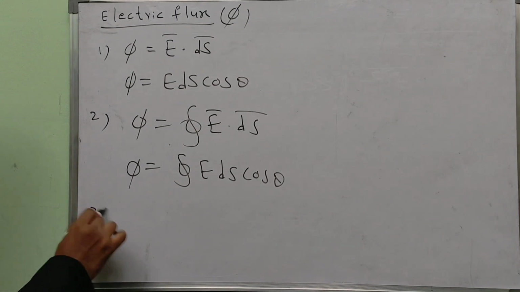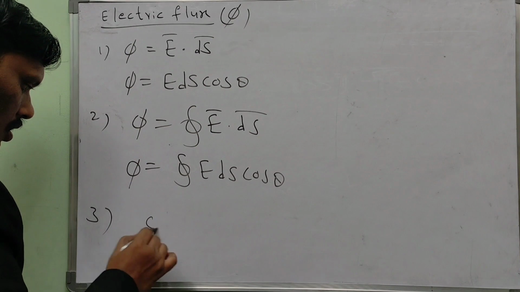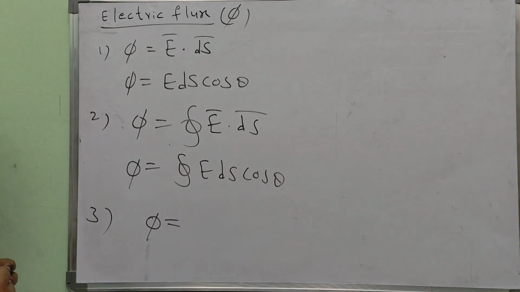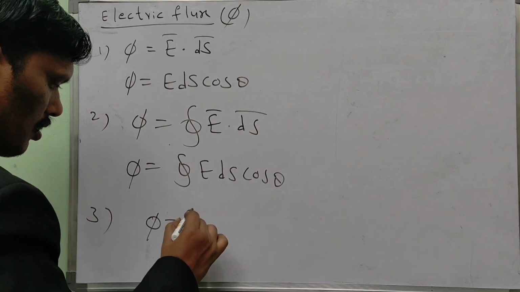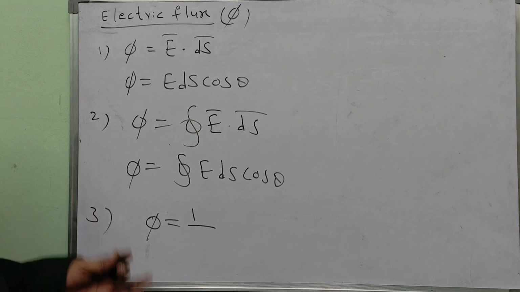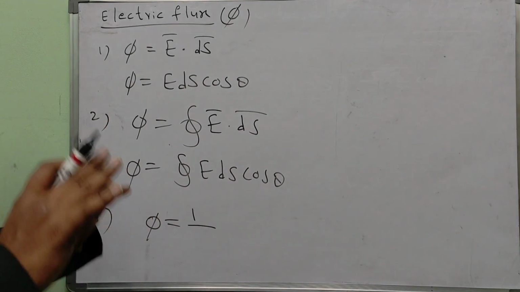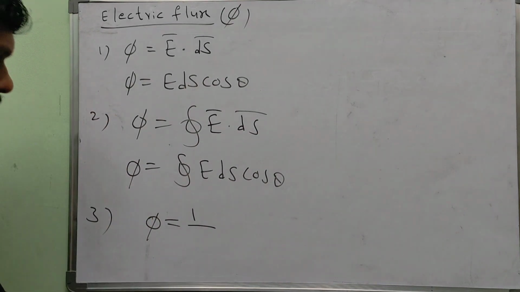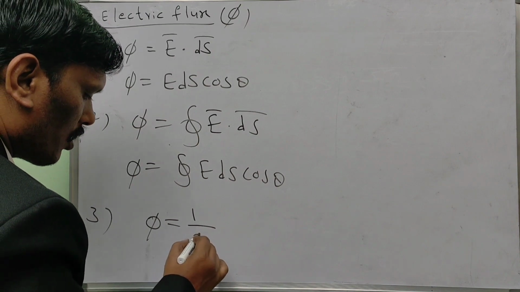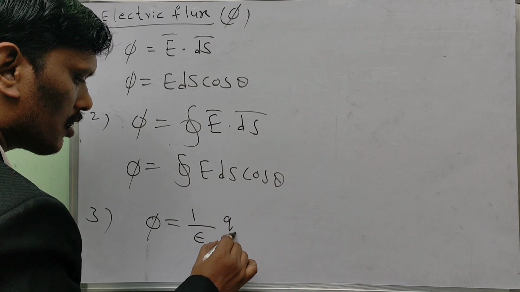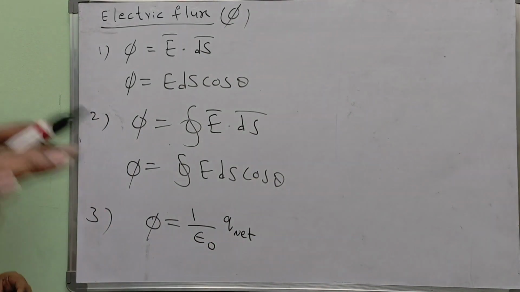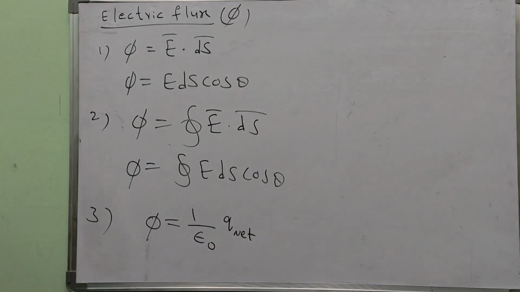From Gauss law, what is the electric flux? According to Gauss law, the flux passing through any closed surface is 1 upon epsilon naught times the net charge enclosed in the closed surface.